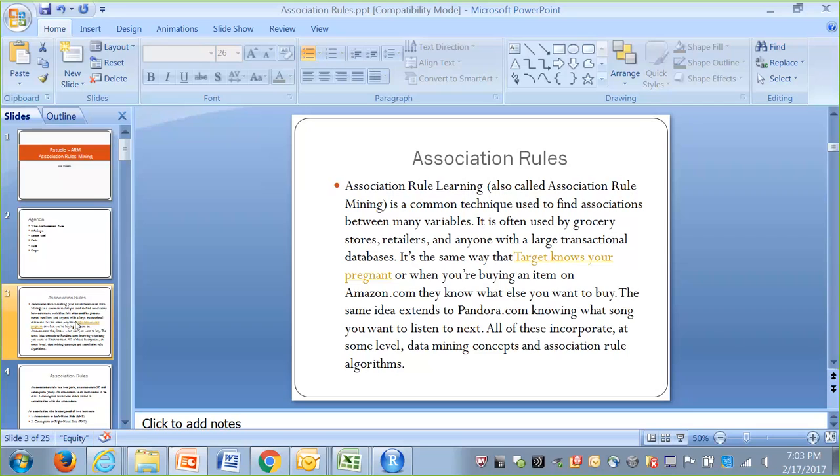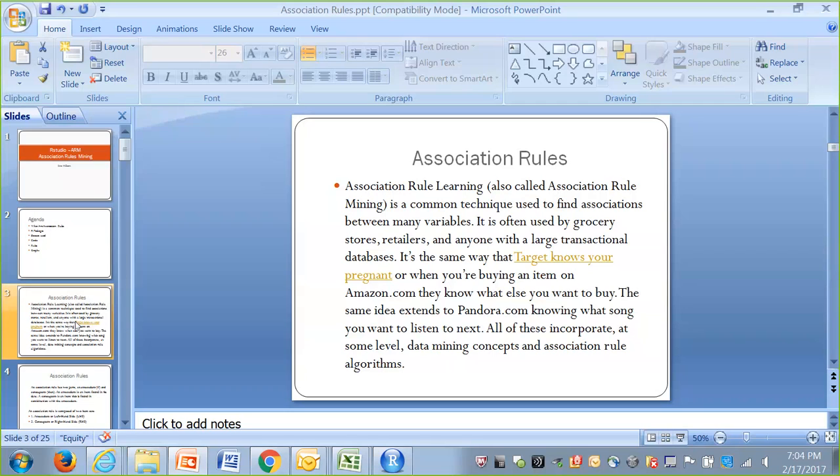What we're talking about is, like it says here, when you're logged into Pandora and it starts suggesting music for you. That's based on patterns they're noticing in terms of what you're purchasing or what your likes and dislikes are. Behind all of this data, there are algorithms running that are looking at all these associations, and also at the subset of people buying the same items or listening to the same sounds.